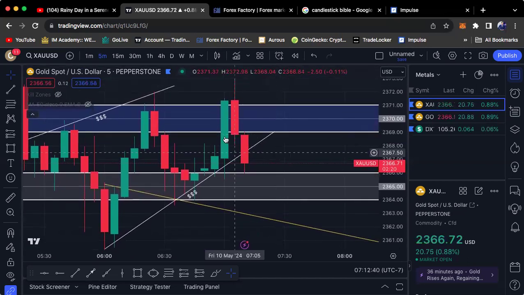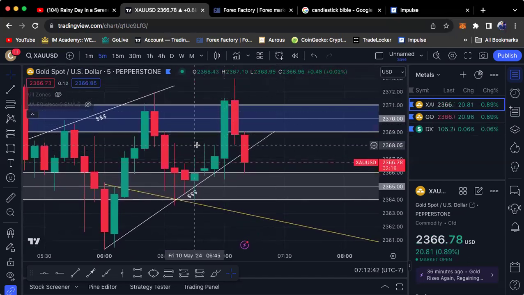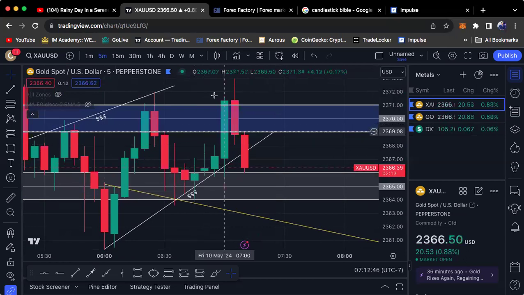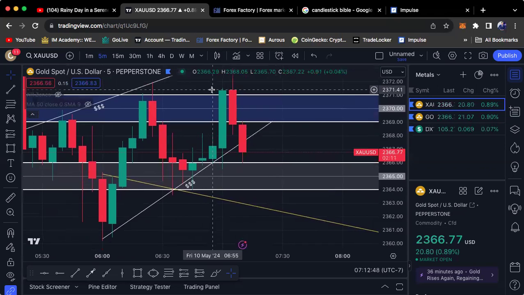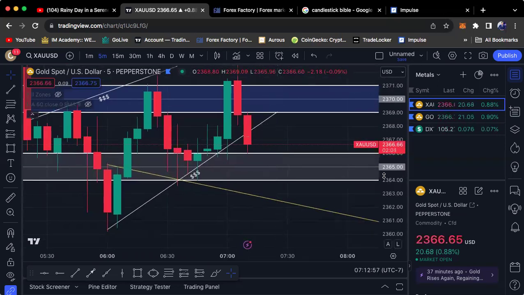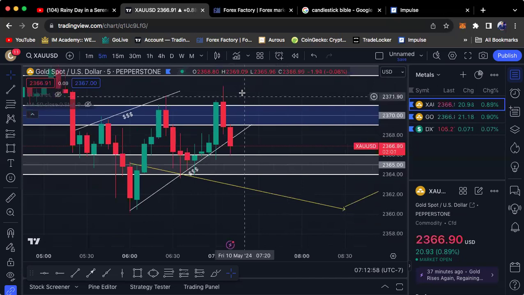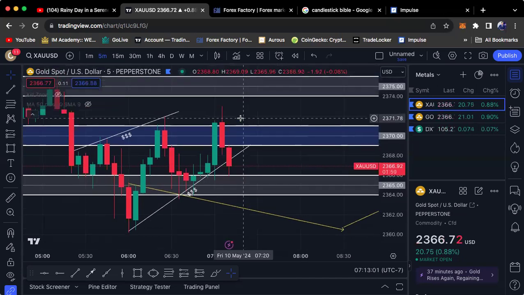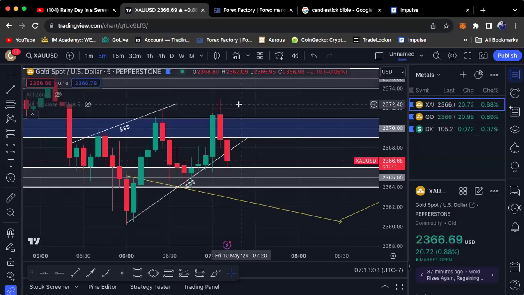Right? Now people that bought here got stopped out. Because they probably bought here and they have their stop loss set up here. And now they're taking away all their stop losses. See why patience is so key?